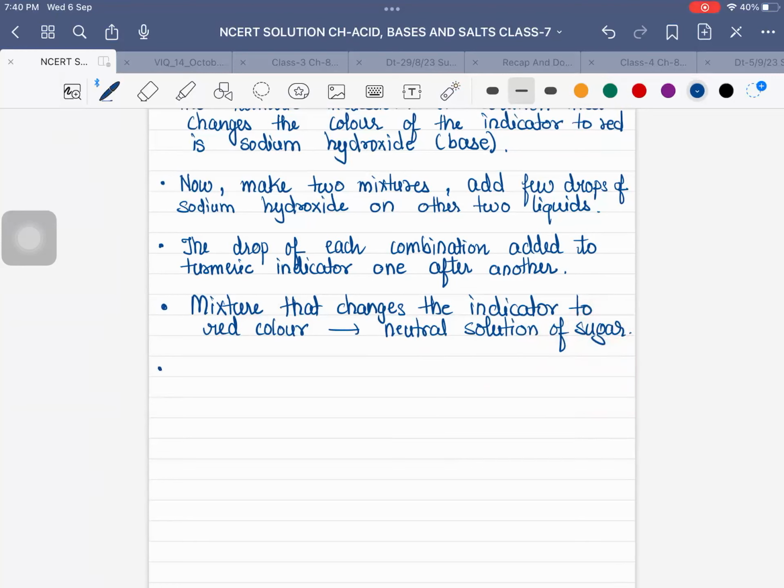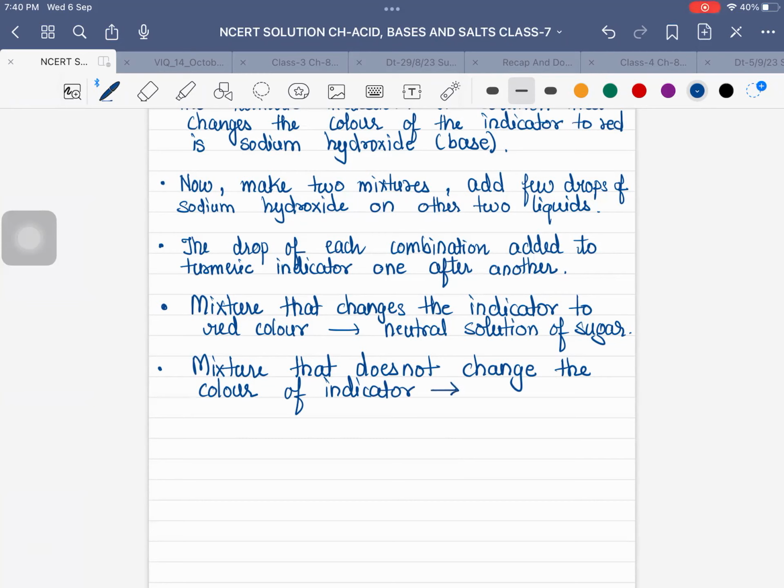In second case, the mixture that does not change the color of indicator is hydrochloric acid.